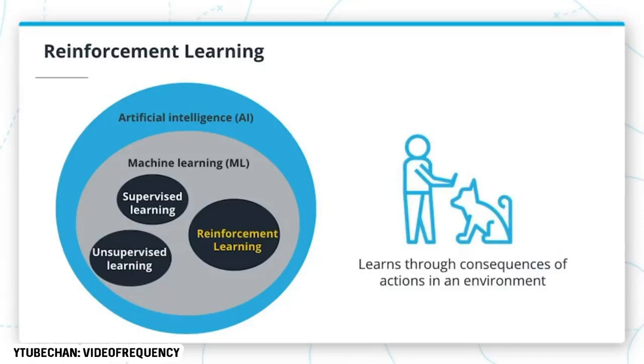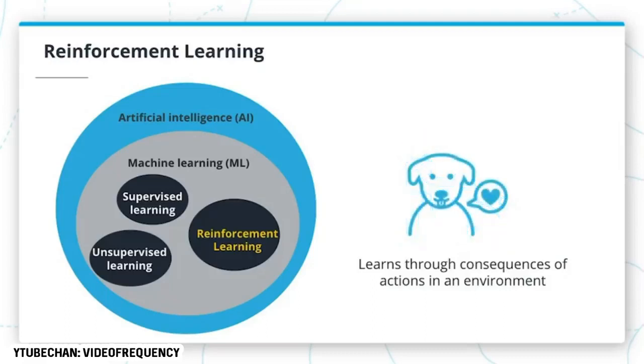If it does something you don't want it to do, you might correct it with a small penalty, like raising your voice just a little bit. Your dog learns to do the things that get a treat and avoid doing things that get a correction. In machine learning, reinforcement learning works exactly like this.